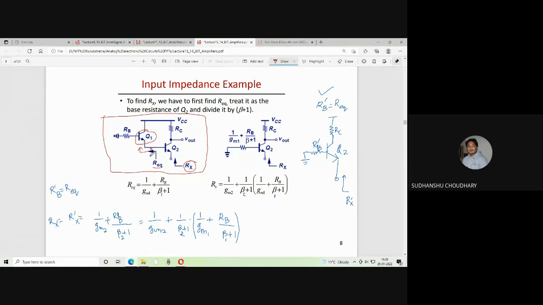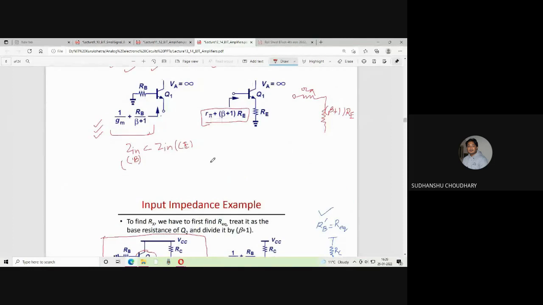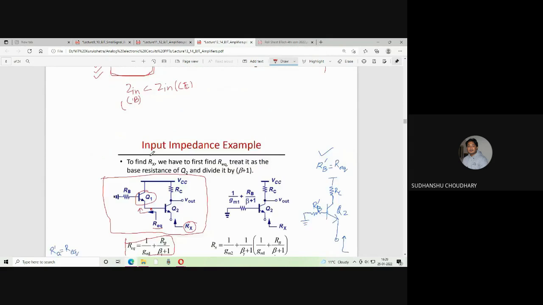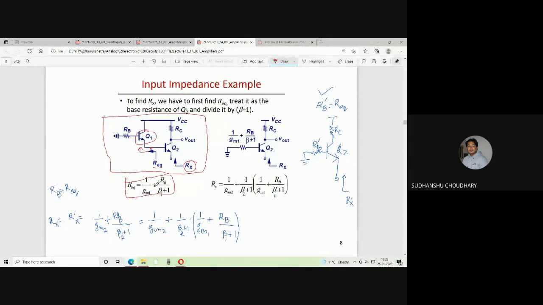So the input impedance of Q1 is 1 by Gm1 plus Rb by beta 1 plus 1. Both are common base configurations, so looking into the emitter, it is 1 by Gm plus Rb by beta plus 1. Now this Q1 can be replaced by its equivalent input impedance.